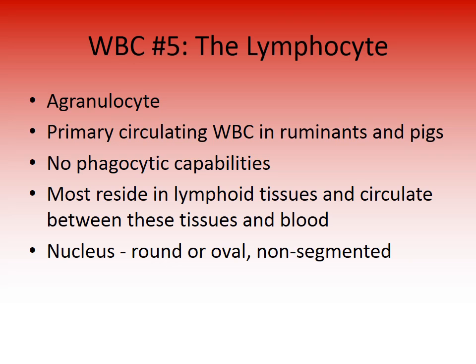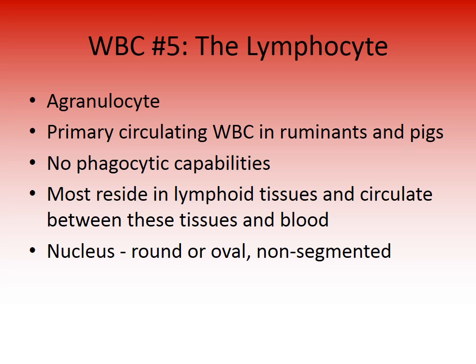Either way, it does not make up a large percentage. I would probably say 5 to 10% of the circulating blood would be a lymphocyte. It has no phagocytic capabilities. The neutrophil and the monocyte had phagocytic capabilities. The lymphocyte doesn't. Most of the lymphocytes reside in lymphoid tissue and circulate between the tissues and blood.